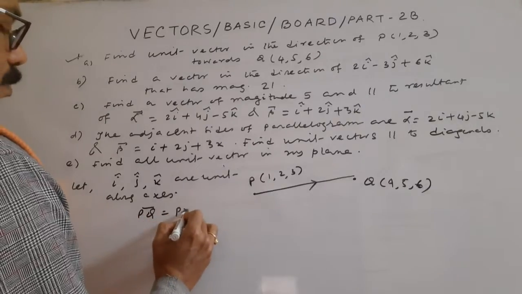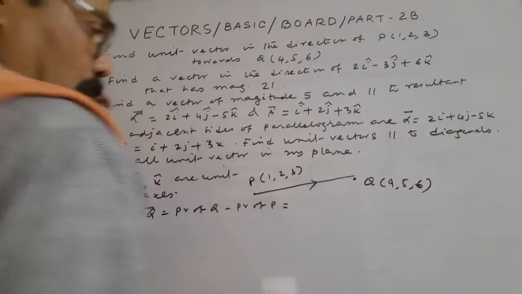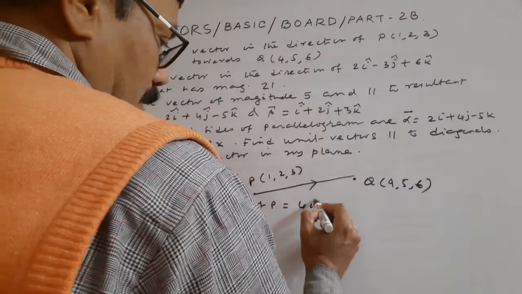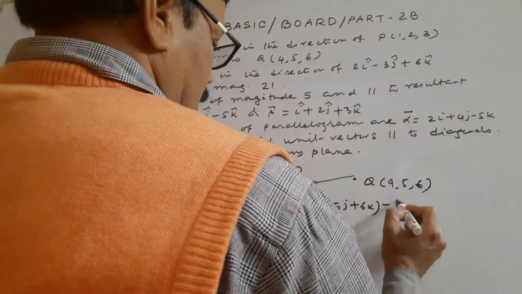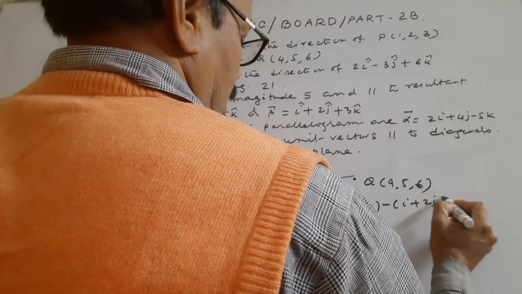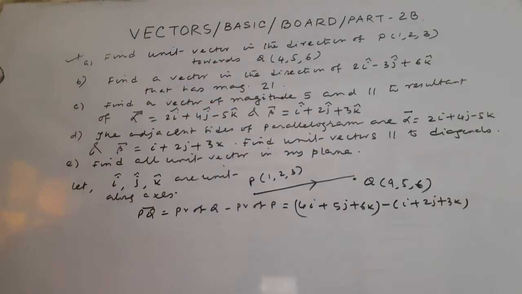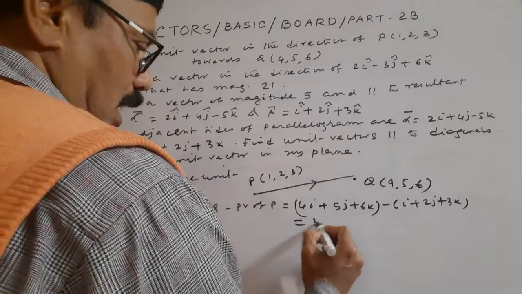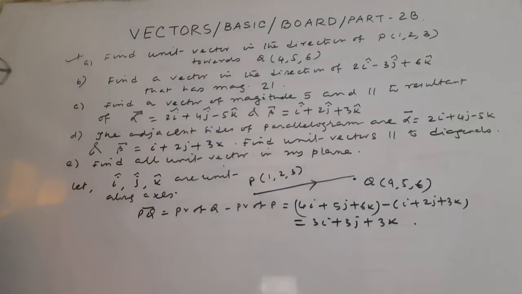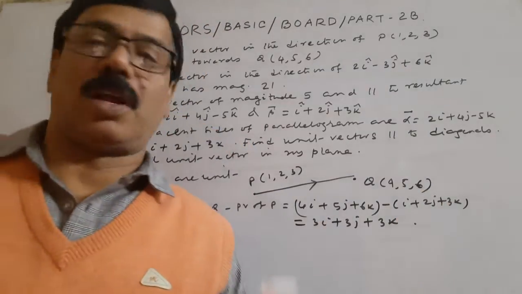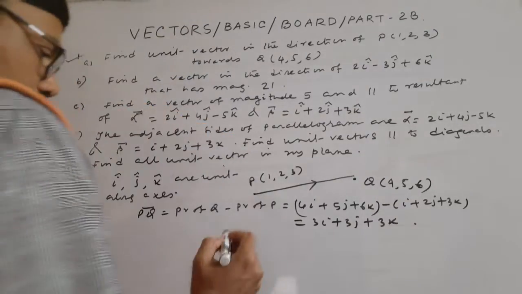PQ is PV of point Q minus PV of P. So, (4i plus 5j plus 6k) minus (i plus 2j plus 3k). Difference of this PV. So, 3i plus 3j plus 3k. Now, this is the PQ vector.